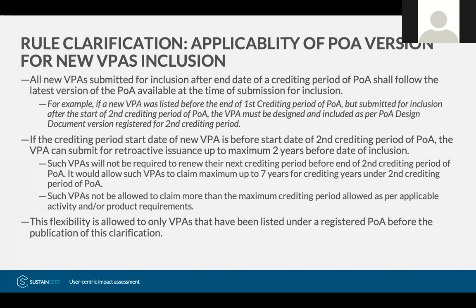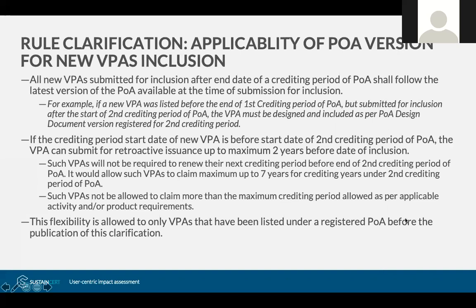So this would mean that if a POA was listed before the first crediting period ended, but this VPA was submitted for inclusion after the start of the second crediting period of the POA, then this VPA should follow the POA-DD which was approved as part of the second crediting period.